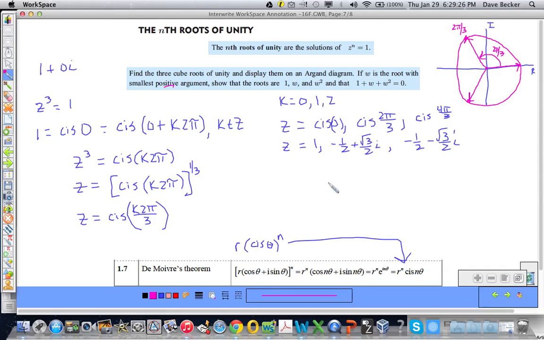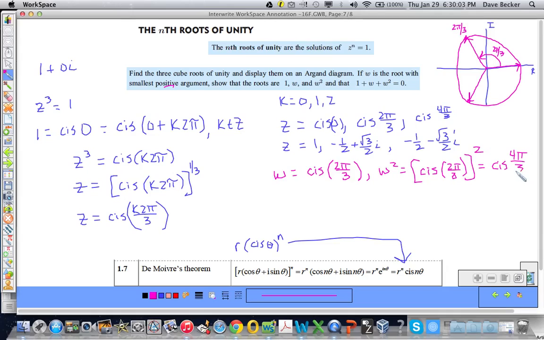Well, w equals cis 2 pi over 3, yes. And then w squared is equal to cis 2 pi over 3 squared, yes, which is equal to, by de Moivre, 1 squared is 1, and then we multiply this by 2, so that would be cis of 4 pi over 3.